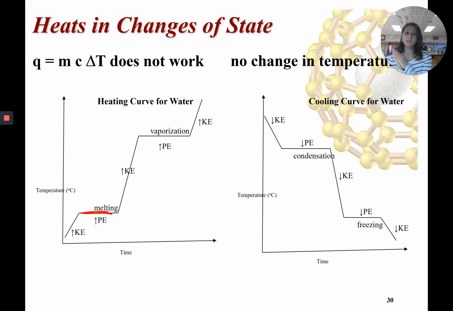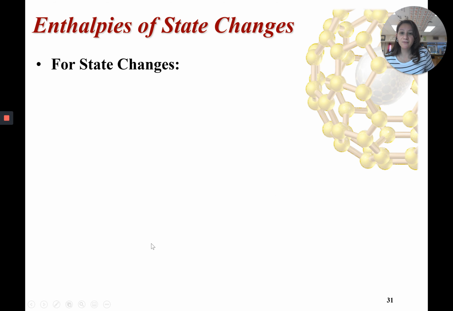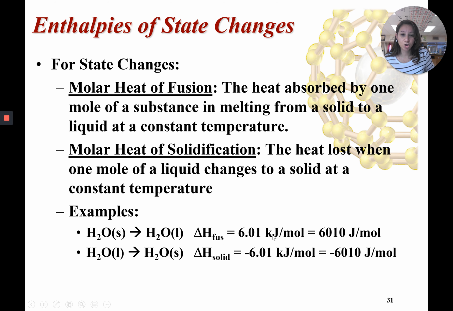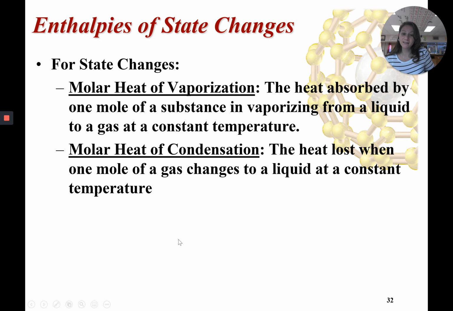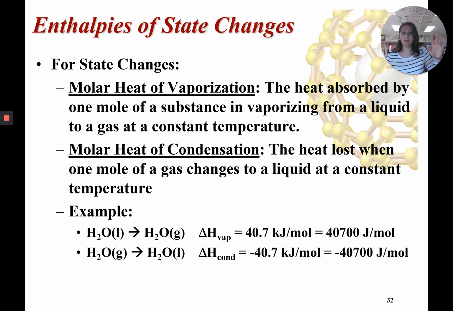The position of the particles in a solid and in a liquid is very, very similar, so it doesn't take very much energy to change from one to the other. Versus the position of the gas and the liquid phases is drastically different, so it takes a lot of energy to change it. So notice that vaporization and condensation take a lot more energy than freezing or melting.